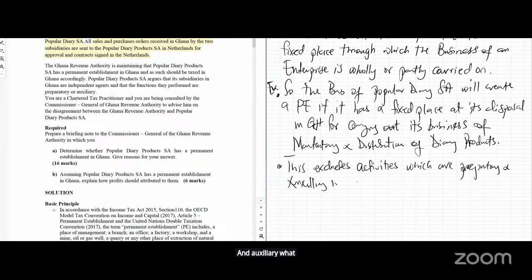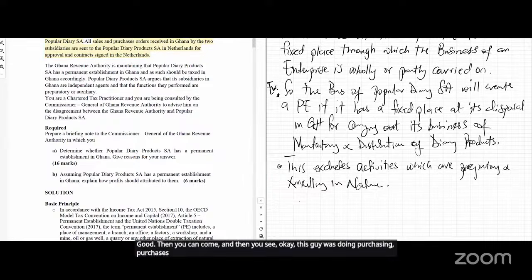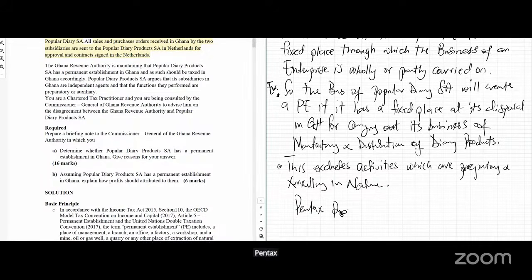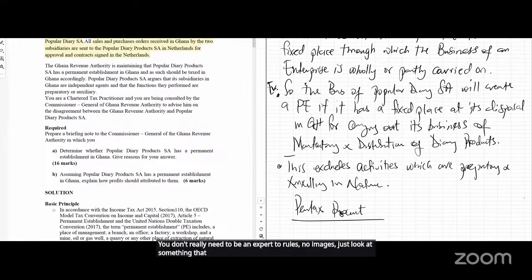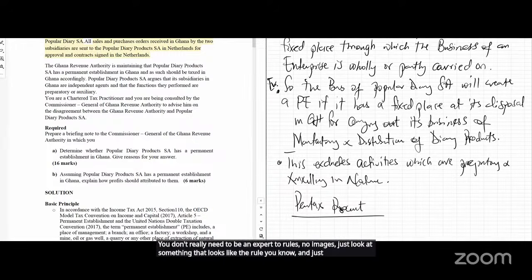in nature, right? Good. Then you see, okay, this guy was doing purchasing. Purchasing is preparatory or auxiliary. So you can just say purchasing function, or you can just use the name. It doesn't matter. So maybe I can say Pentax procurement. Do you see the idea? Then I underline. You don't really need to be an expert. Just look at something that looks like the rule you know, and you go on.